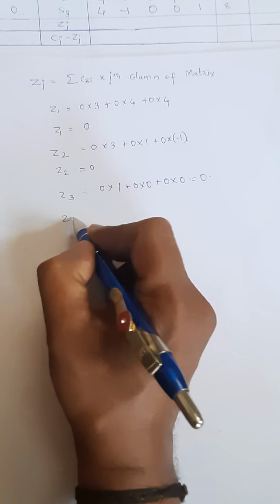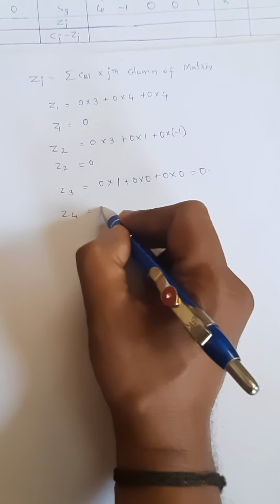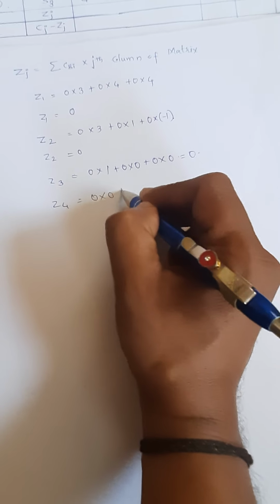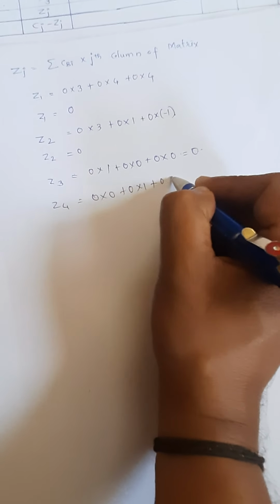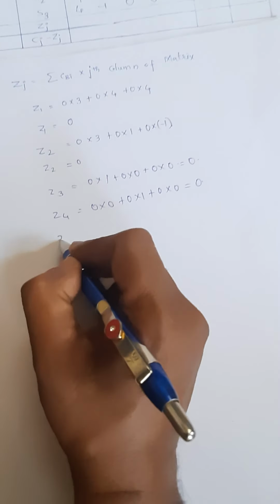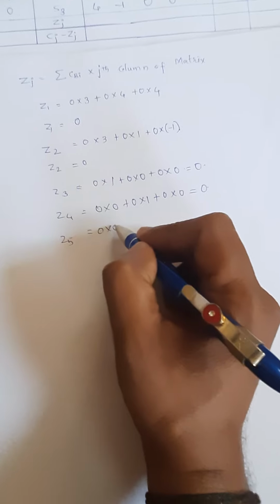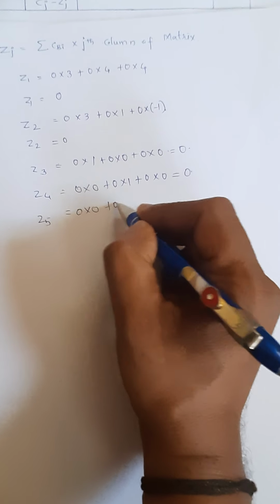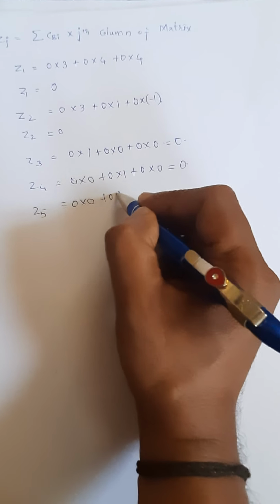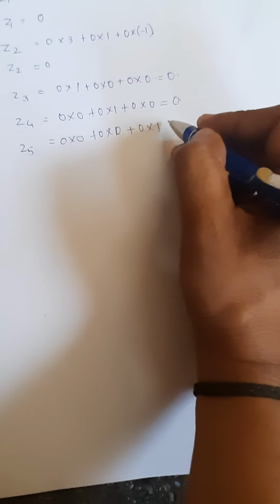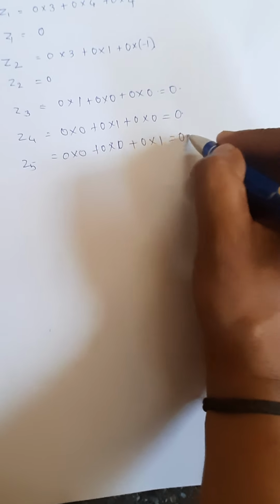Similarly z4 is also 0 into 0 plus 0 into 1 plus 0 into 0, that is also 0. And for z5, 0 into 0 plus 0 into 0 plus 0 into 1, this is for s3. So this value is also 0.